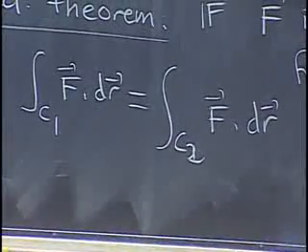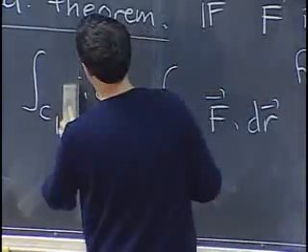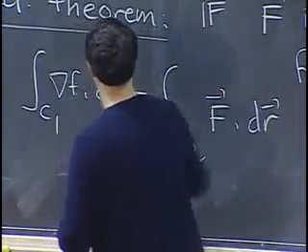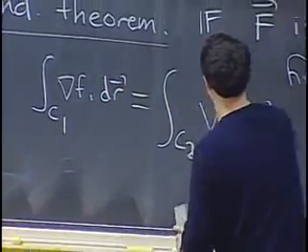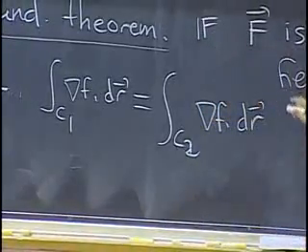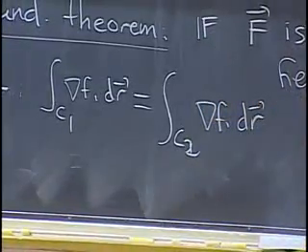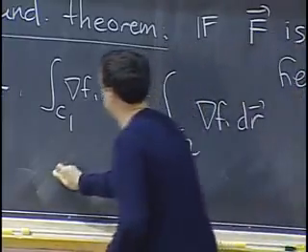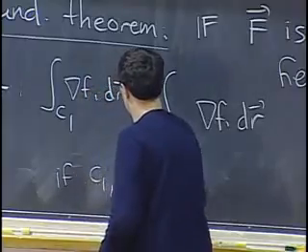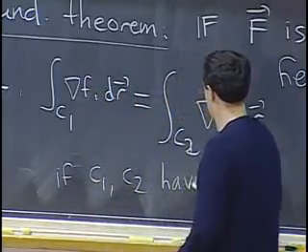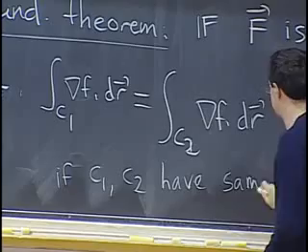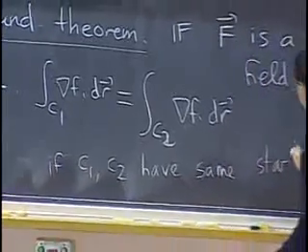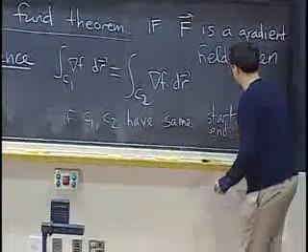Actually, let me insist that this is only for gradient fields by putting gradient f in here, just so you don't get tempted to ever use this for a field that's not a gradient field. This holds if C1 and C2 have the same start and end points.